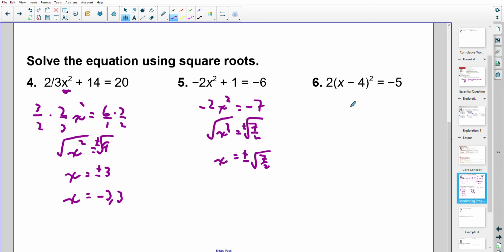And I'm okay with that as an answer. So that's one way to do this. Now notice in number 6, if I divide it through by 2, I get this. And notice that it's equal to a negative 5/2. A square of a number can never equal a negative. So you would write down no solution.